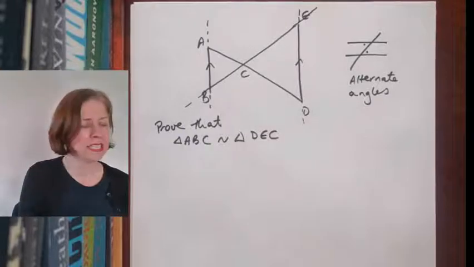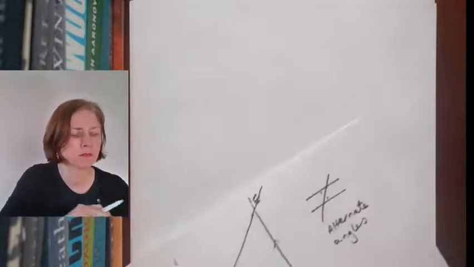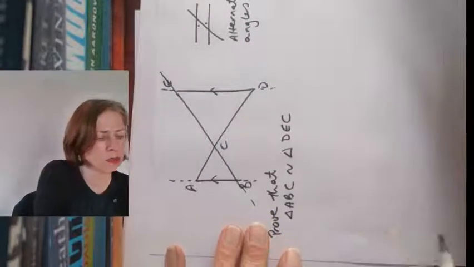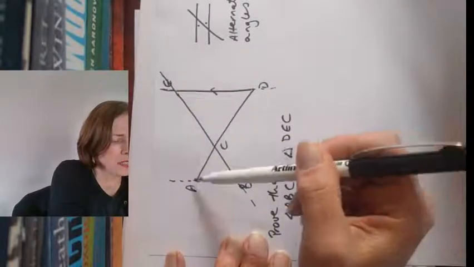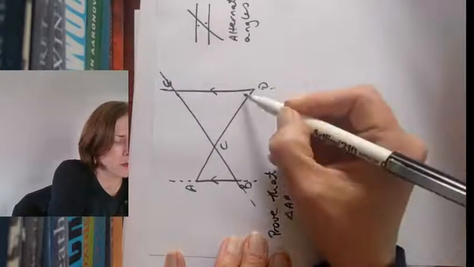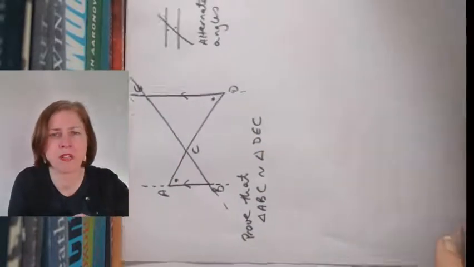So if I look for a Z shape here, if I turn it around, that might make it a little bit clearer. I look for my Z shape for my alternate angles. I can go along here and then down here and then down here, which means that I can put a point in the place where the two angles are equal because they're alternate.